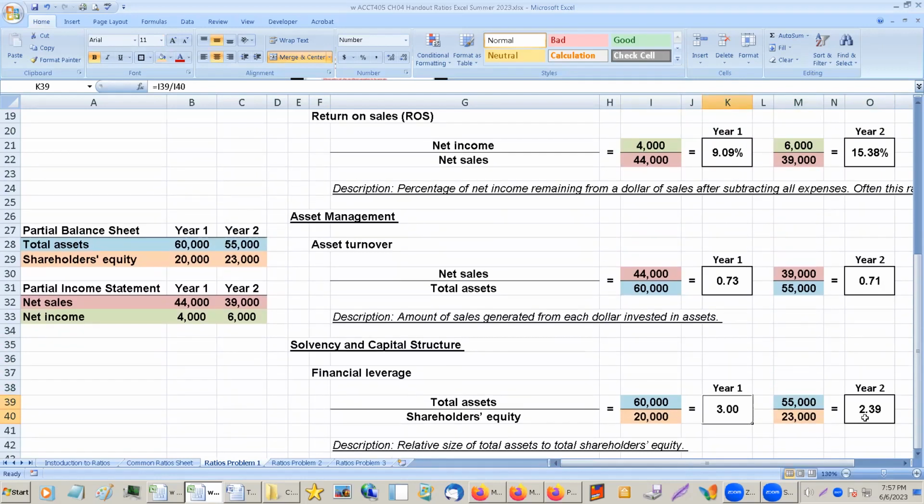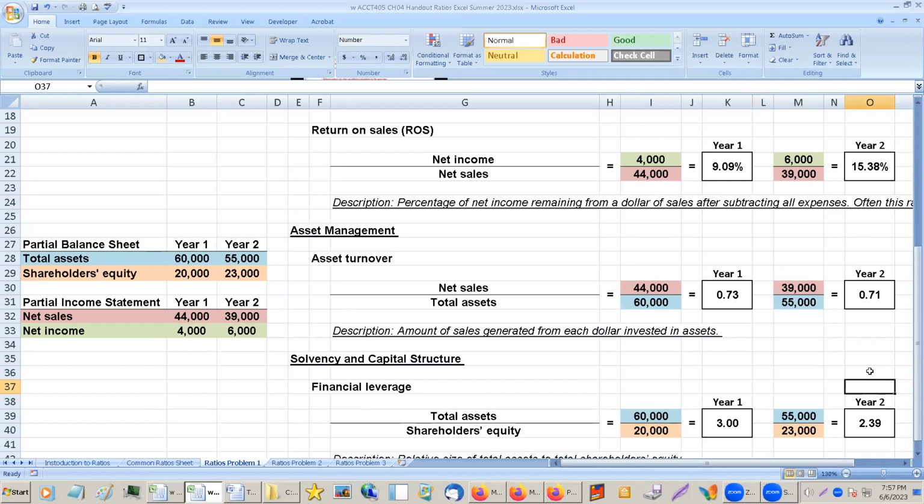While it does show the company's gotten riskier, companies are generally more profitable. It's hard to have a nice, safe, secure company that's very profitable. Usually they're a little more risky. So even though it increases the risk, sometimes companies do that to increase the income, increase the profitability.